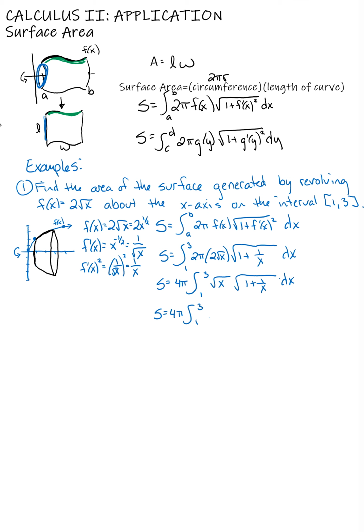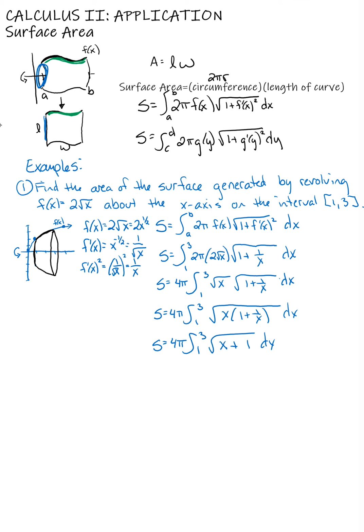So that's going to give me the square root of x times 1 plus 1 over x. And if we do that distribution, we get the square root of x plus x times 1 over x. Well, that's just 1. Well, isn't that nice? So we're simply going to integrate the square root of x plus 1.